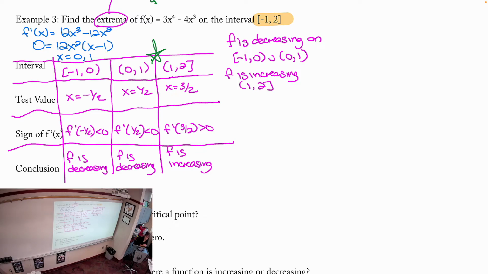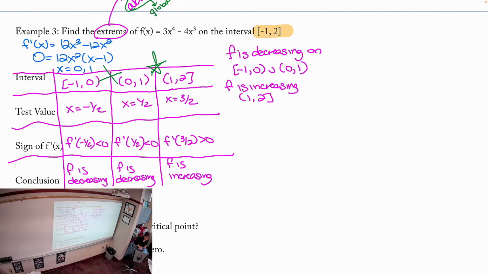So let's find some values. Now I cannot do 0. So I need to find f of the endpoint, which is negative 1. I need to find f of 1. And I also need to find f of 2. Again, you could have done this with synthetic division, or you could just plug it in.